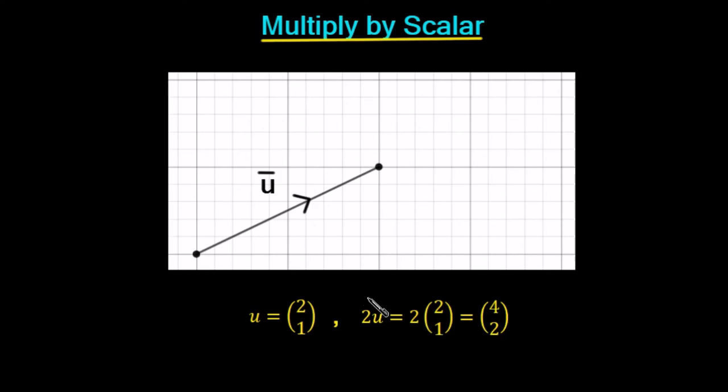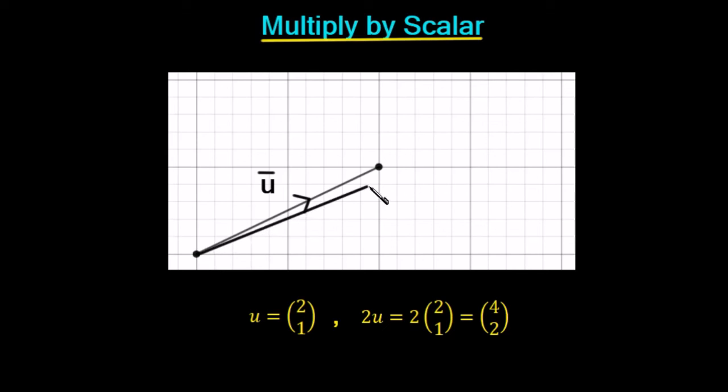So the final vector 2u is going to be (4, 2). That is, we're going to go along 1, 2, 3, 4 and up 1, 2. So that's going to be the vector from here up to here. So we're really just taking this vector and doubling the length of the vector and it's in the same direction.